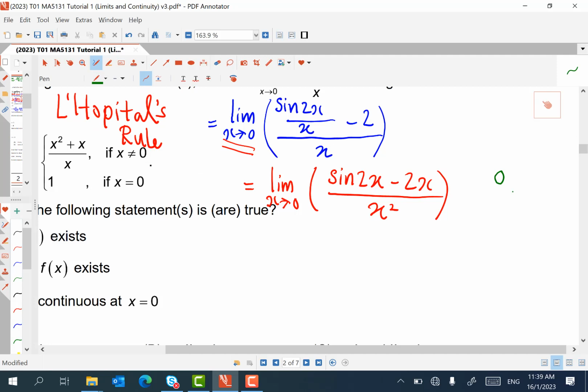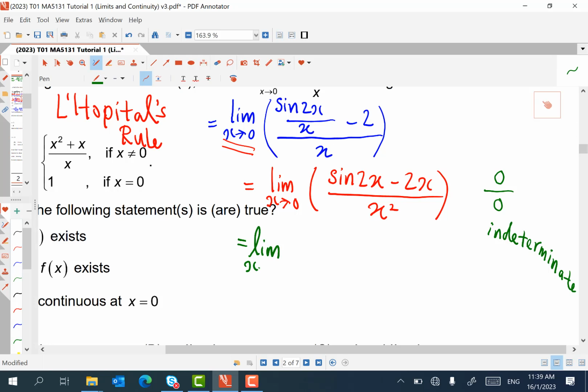When x goes to 0, this is deemed to be the indeterminate form. When you have the indeterminate form, you can apply what is known as L'Hopital's rule.